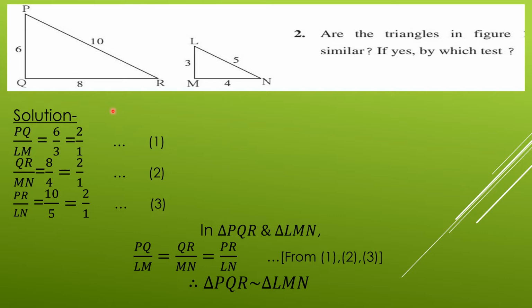Then write the names of the two triangles: in triangle PQR and triangle LMN, PQ upon LM is equal to QR upon MN is equal to PR upon LN from 1 to 3. And therefore triangle PQR is similar to triangle LMN, and write the name of the test: SSS test.